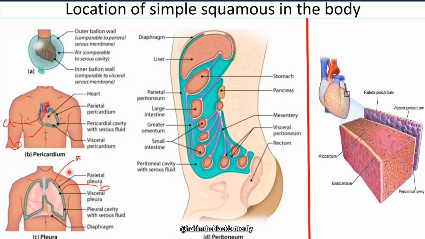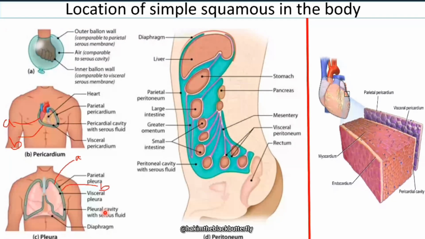And you can see that in both cases, we shall have a space between the layers. That space is going to be called the serous cavity. Around the heart, that cavity will be called the pericardial cavity. Around the lungs, that cavity will be called the pleural cavity.